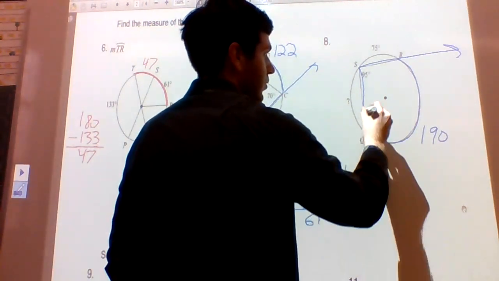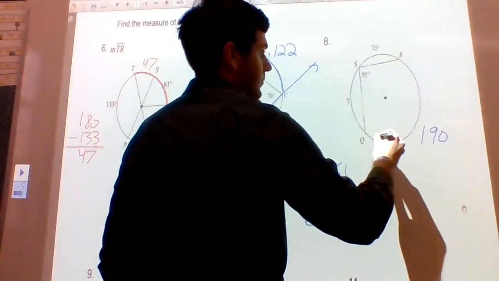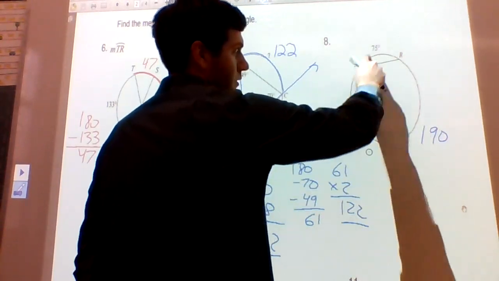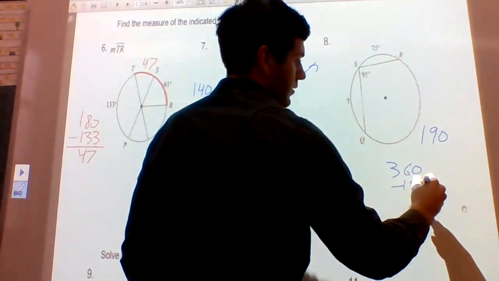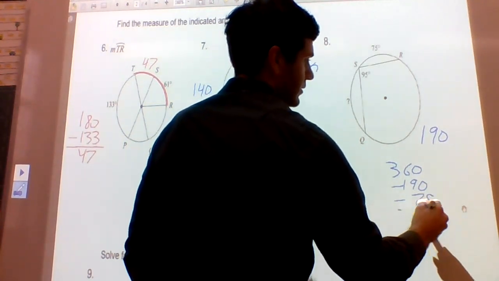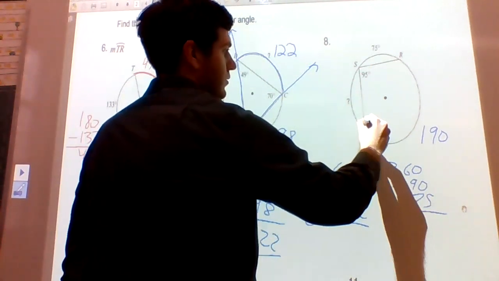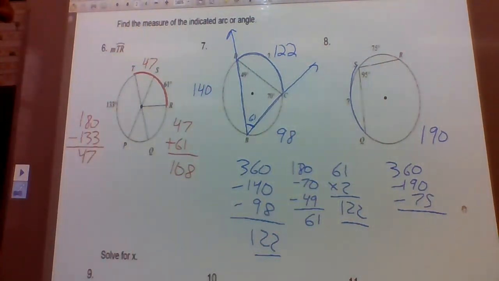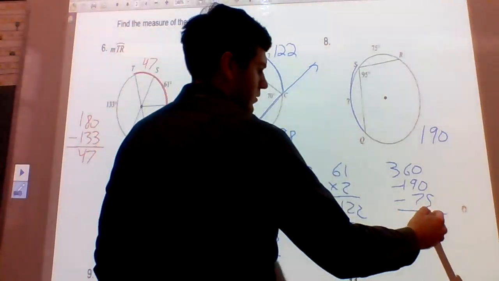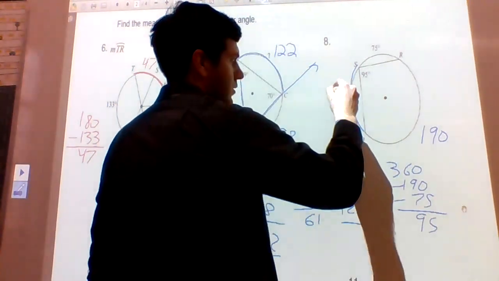And then we know the whole thing is 360. So 360 minus 190 minus 75 is going to give us SQ. So that's 170, 95. So here we have 90.